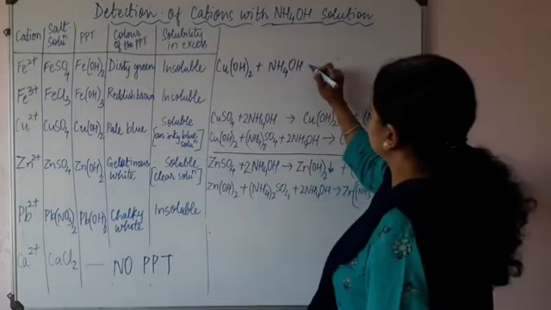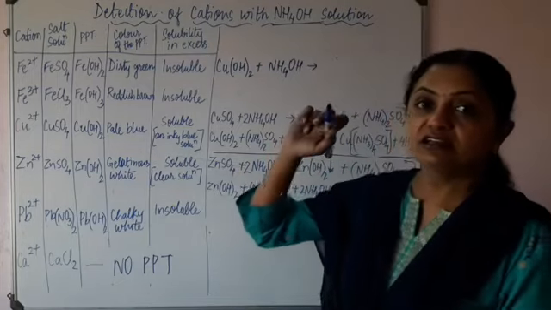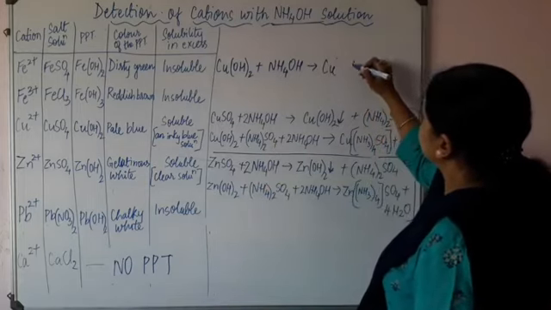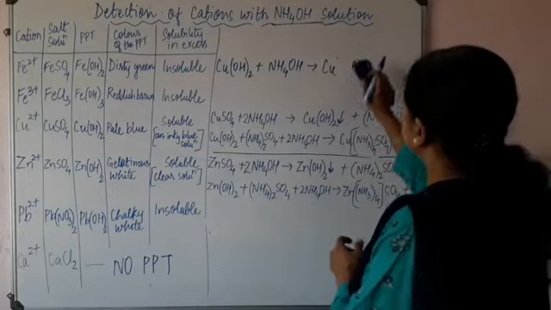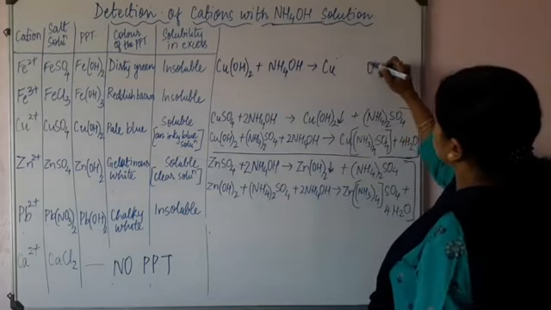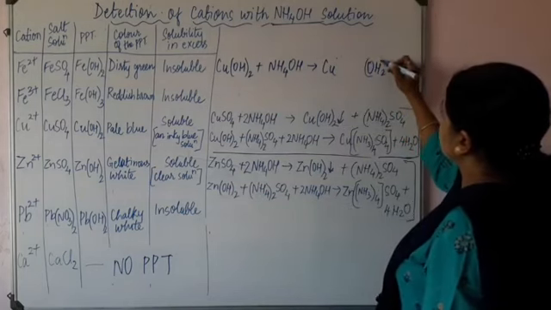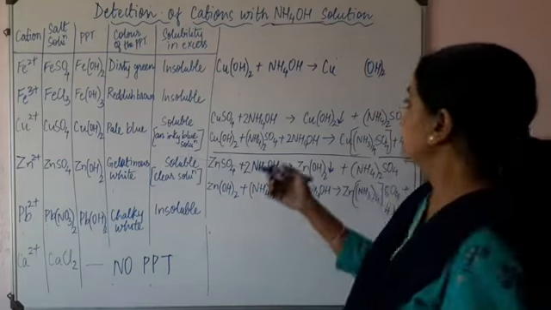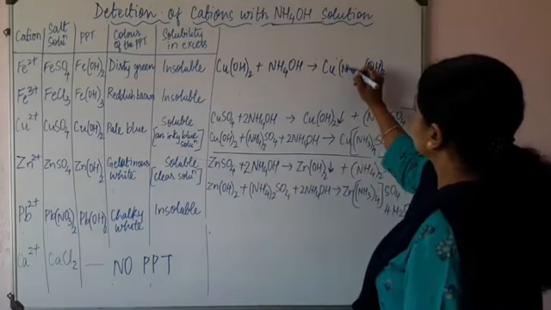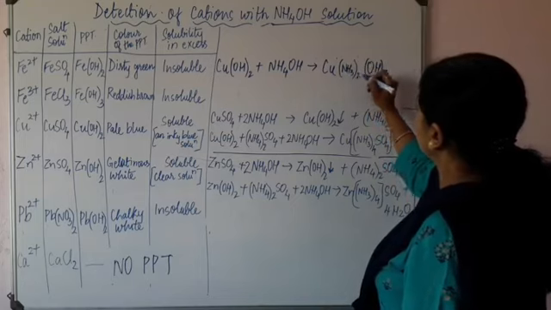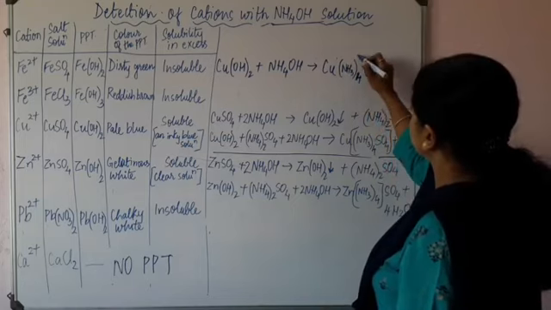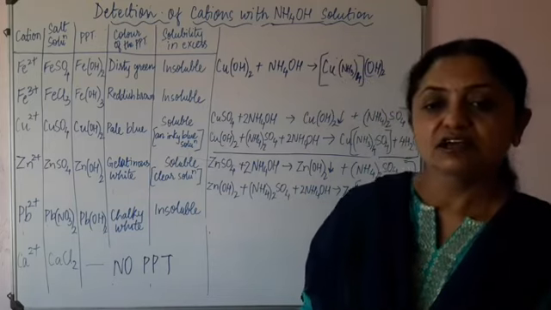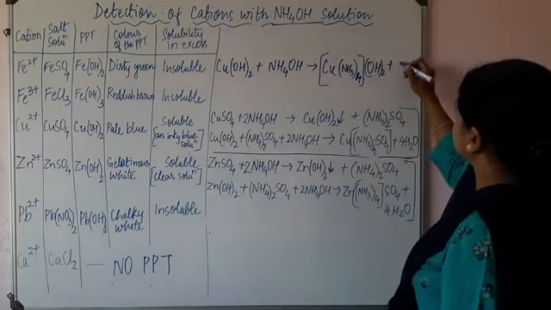Instead of getting tetraamine copper sulfate, you write cupric hydroxide like this, 2 times hydroxide. Now tetraamine, ammonia 4 times, write 4 here. So this is tetraamine copper hydroxide, plus 4H2O.